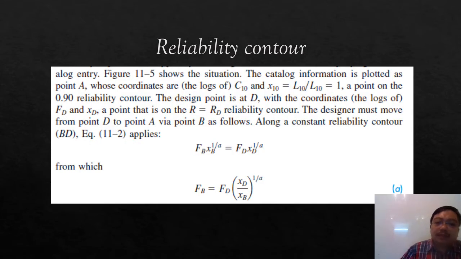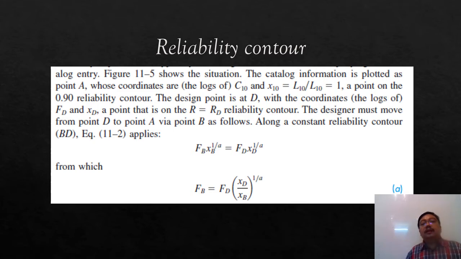The catalog reliability contour in figure 11-5 shows the situation. The catalog information is plotted as point A, whose coordinates are log C10 and x10, where L10 over L10 is 1.